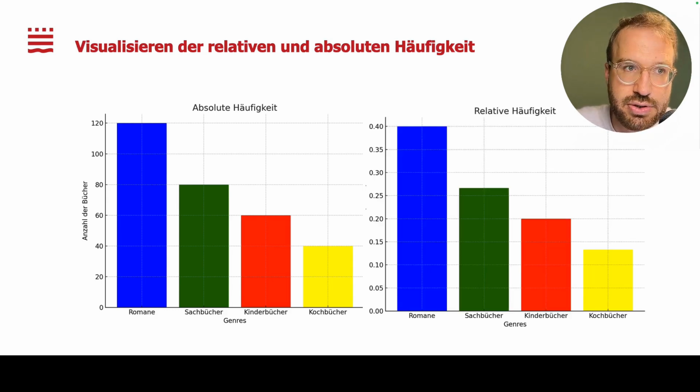And relative frequency, when you want to compare multiple data sets with each other, can also be represented using bar charts. And they have the advantage that everything is scaled between the values of 0 and 1. But what you also see is, of course, that the ratios between the individual values do not change.